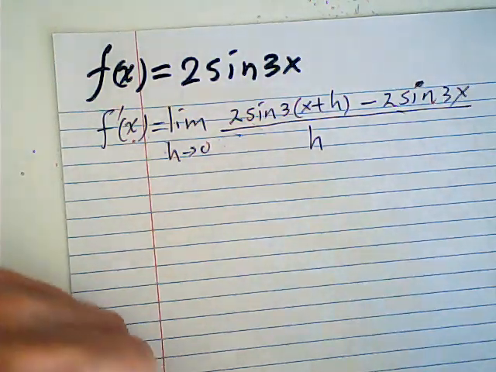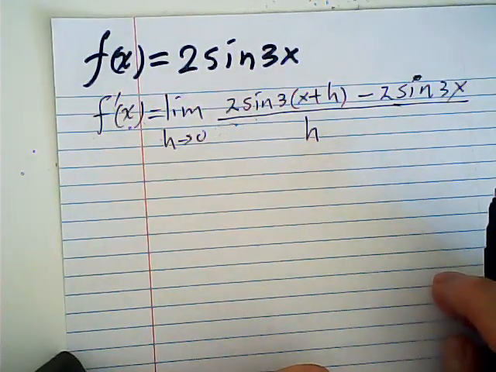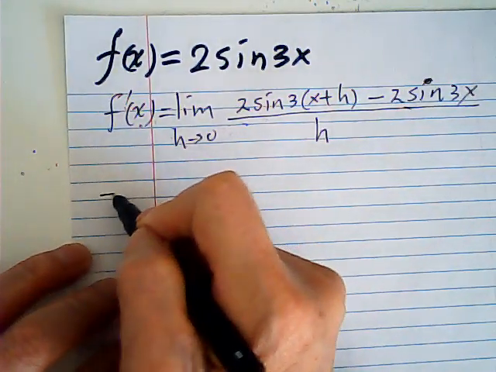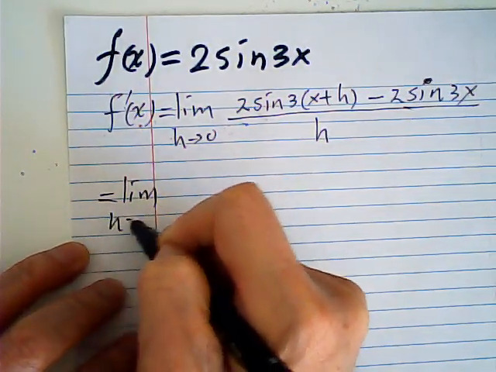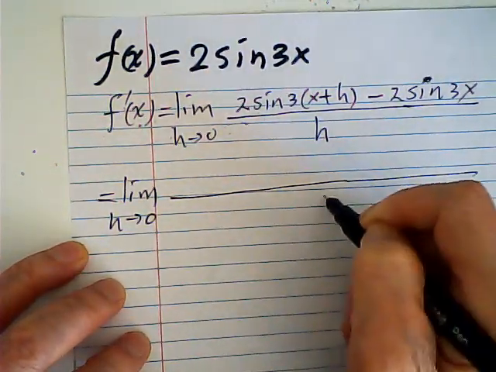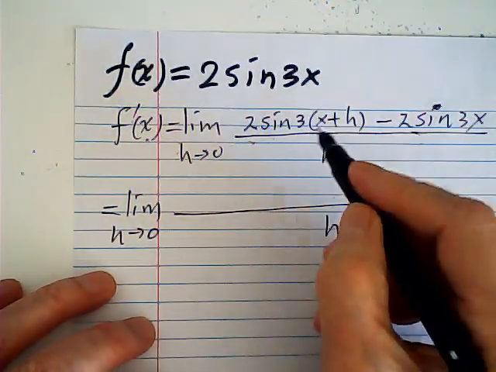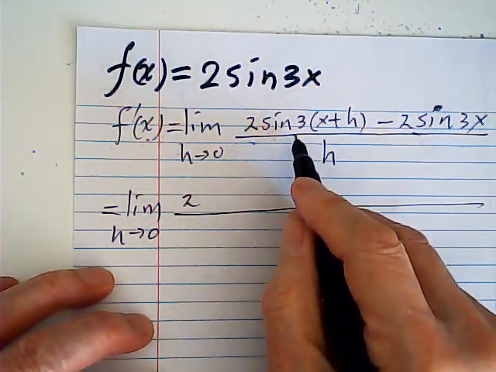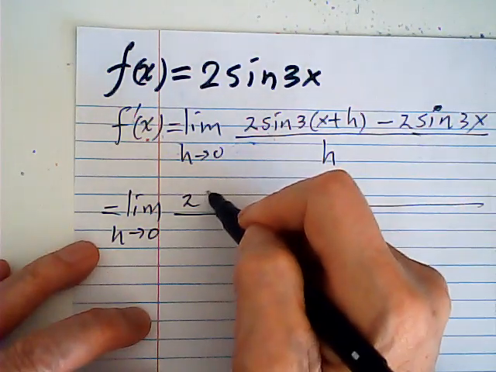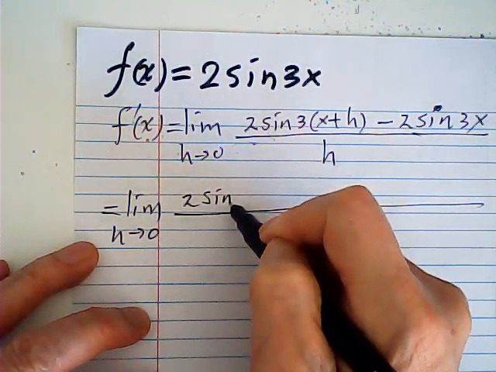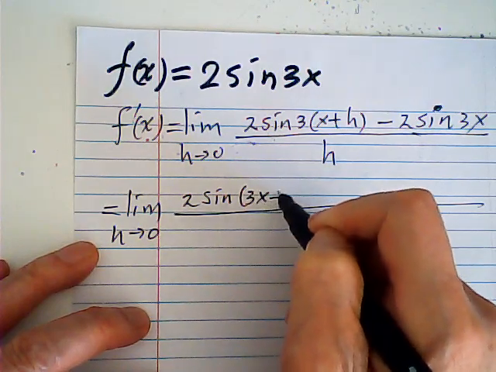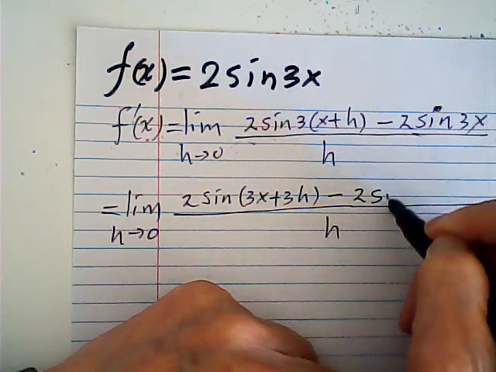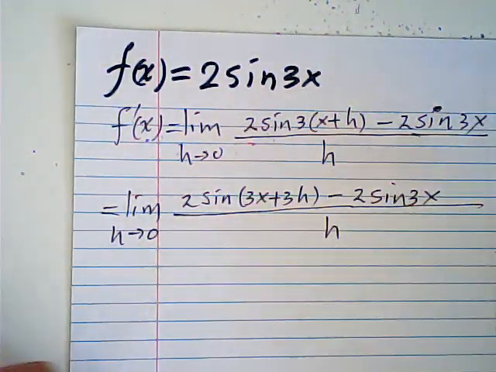Okay, that's simply using the definition of a derivative. Now this one is equal to the limit as h goes to 0 of 1 over h, and here you have 2 sine of (3x plus 3h), right? Minus 2 sine 3x.